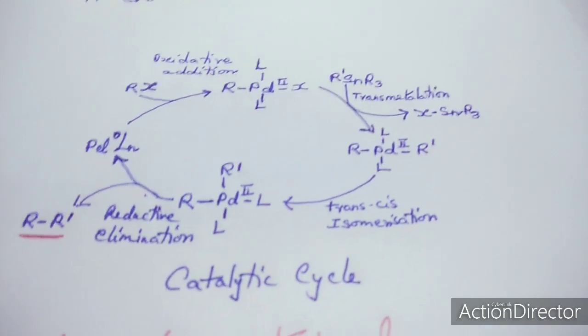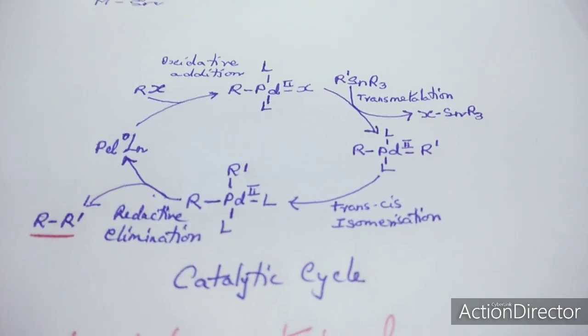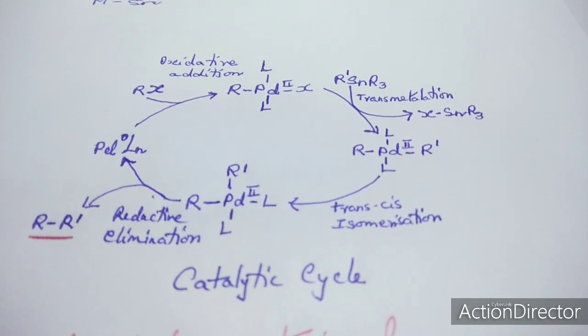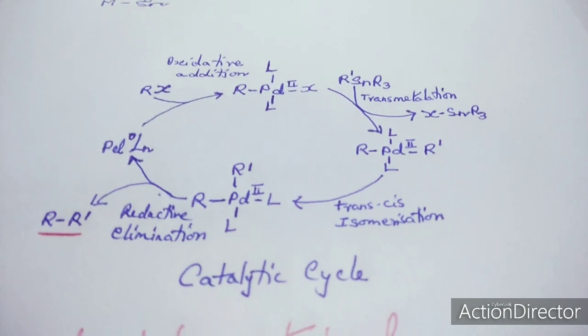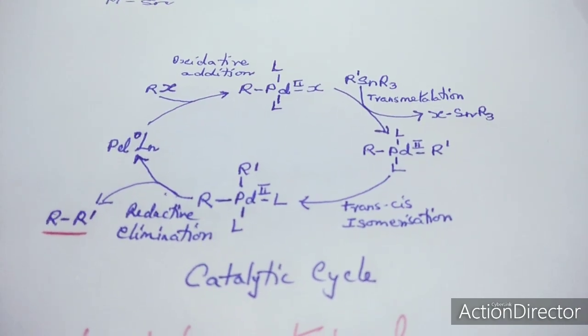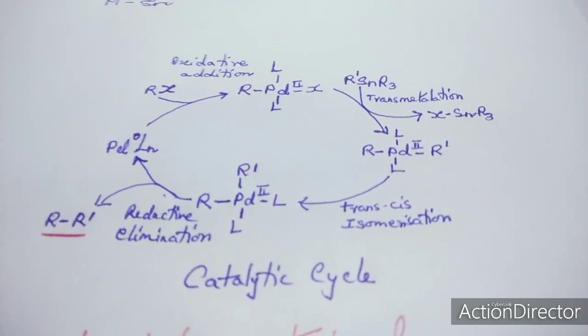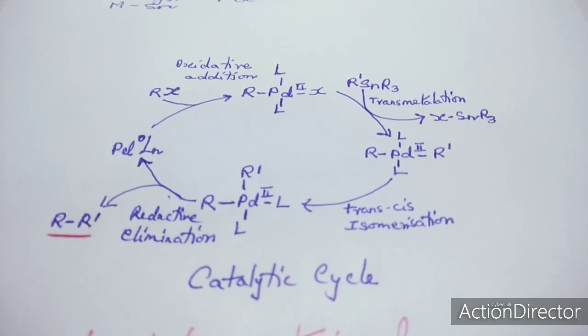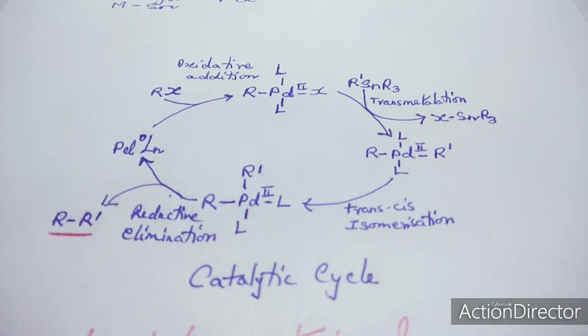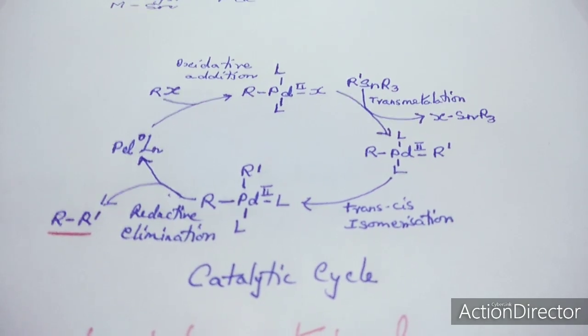First of all, oxidative addition, then transmetallation, trans isomerization, leading finally to reductive elimination. By now you must be very familiar, in fact must know very well, how the catalytic cycle in these palladium catalyzed carbon-carbon coupling reactions takes place.